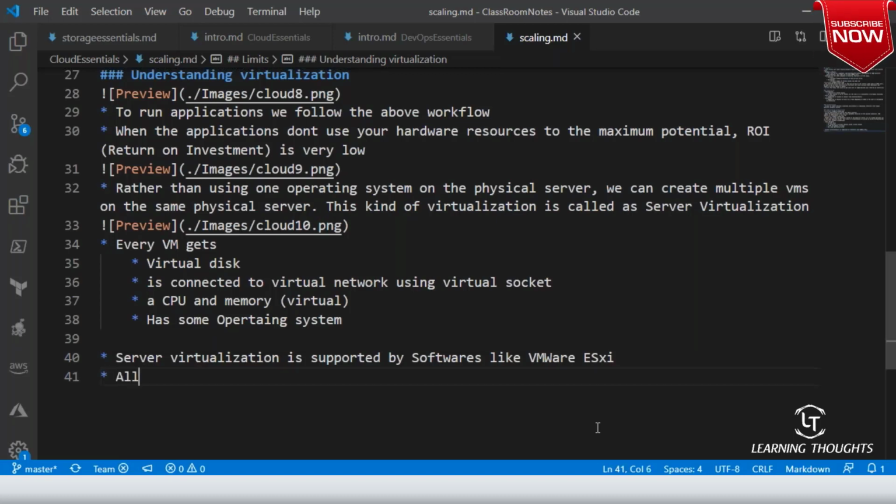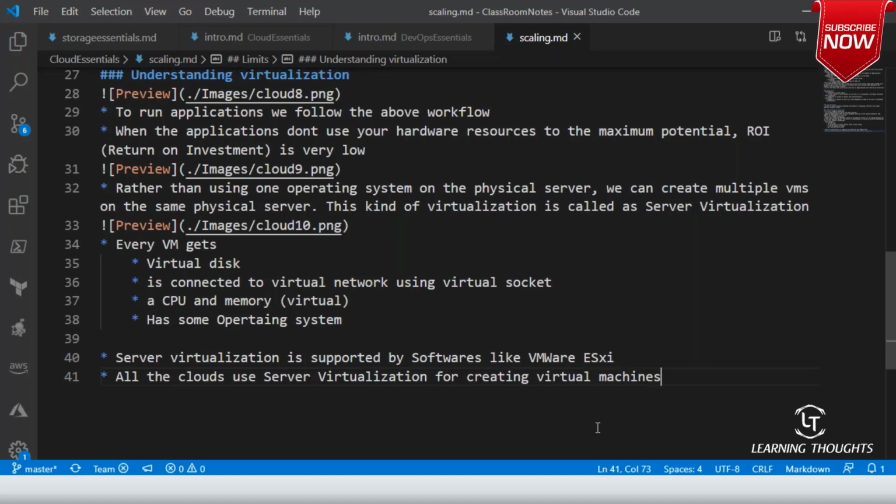All the clouds use server virtualization for creating virtual machines. Amazon calls it EC2.